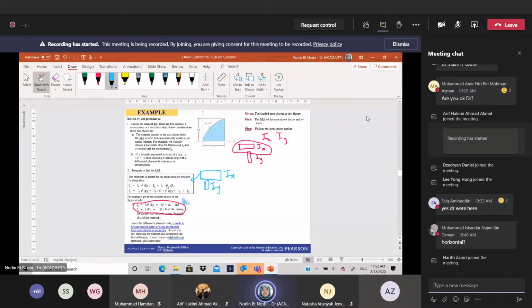Another solution that you can find the ix and iy is by choosing one shape. This one is the first step, the first solution. Second solution, if you want to find the ix and iy, you can just choose one shape. This one, you all know that it is for iy. From this single shape, the vertical strip, you can find ix, but the equation is different compared to the first one.